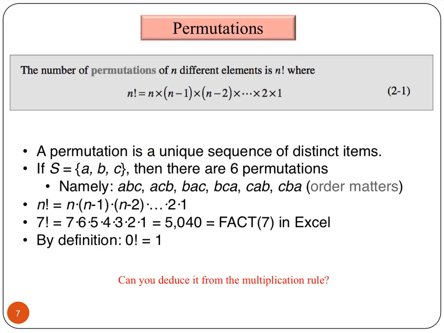Now let's look at a different situation where you have an experiment. You have a number of elements which is equal to n, right? And you want to get all the possible orders of these elements.